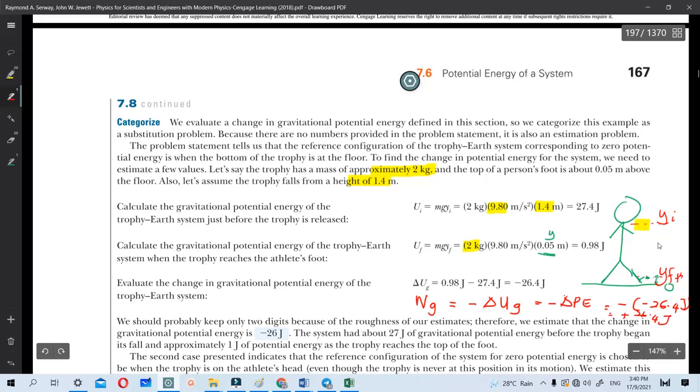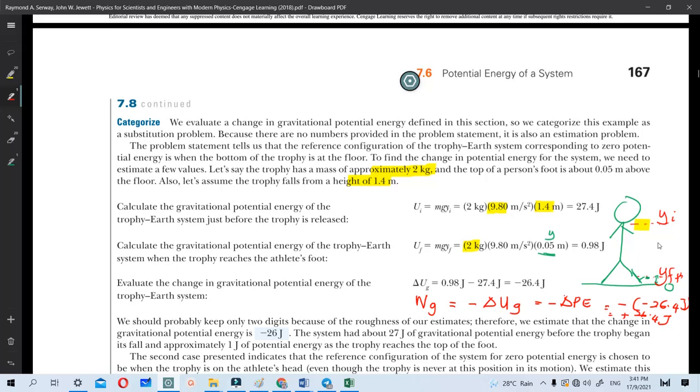Since it's a positive number, the trophy will experience larger velocity by the time hitting his foot.